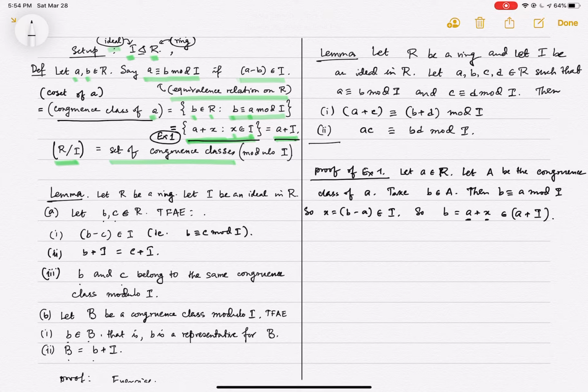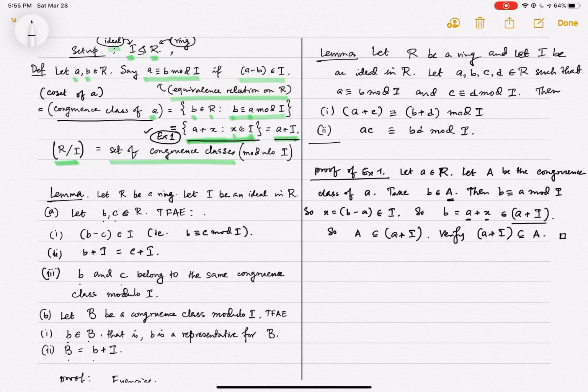We argued that anything in the congruence class capital A is in the set a plus I. So capital A is a subset of little a plus I. Similarly, verify the other inclusion. It's equally easy. Okay, so we at least verified one inclusion.